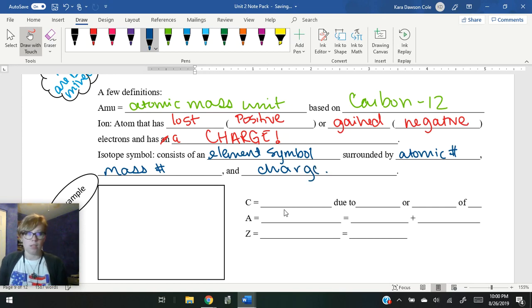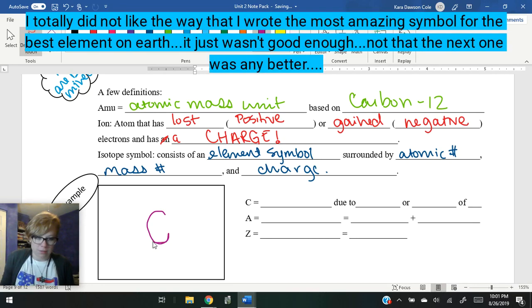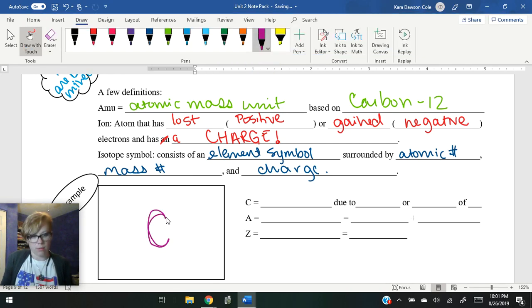Okay, so the isotope symbol consists of an element symbol surrounded by the atomic number, the mass number, and the charge on the atom. So let's look at carbon again, because I love carbon. It's such a great element. It makes up everything. So carbon's element symbol is C.